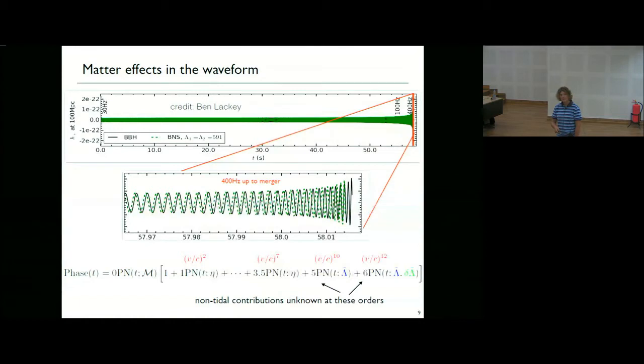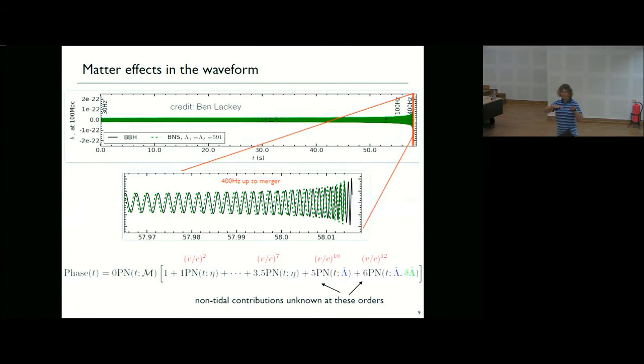In the following sense: from the Newtonian term we can measure the chirp mass. Then, as soon as the 1PN starts to come in, the symmetric mass ratio can be determined. And then all the other spin parameters start to come in, and only at the very end is the tidal parameter.